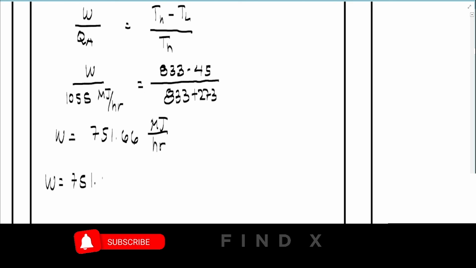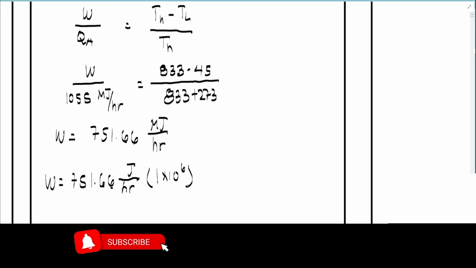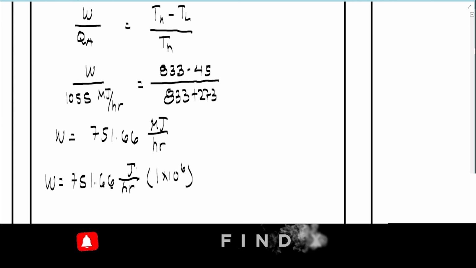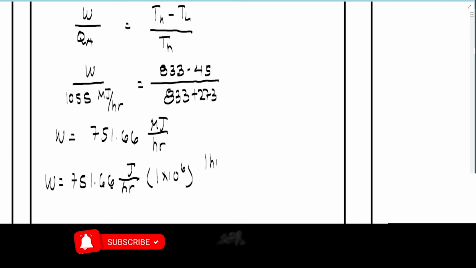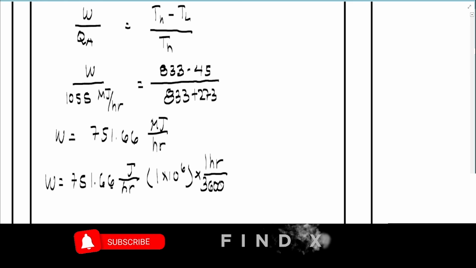So 751.66, I just write here joules per hour. The mega is also equal to 1 times 10 raised to 6, right? So that's your mega. And we have to convert these to joules per second, because joules per second is watts. So converting the hour into seconds, in 1 hour, there are 3,600 seconds.